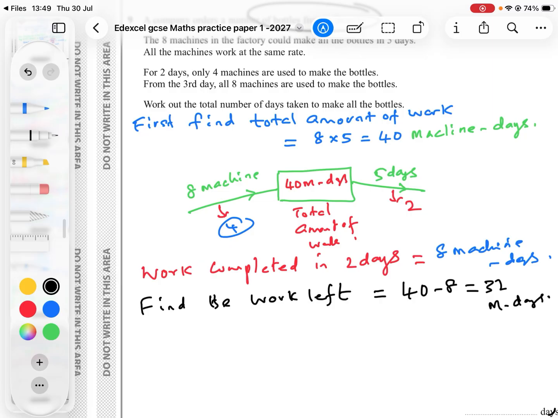If 8 machines work, so find how many more days are needed with 8 machines.